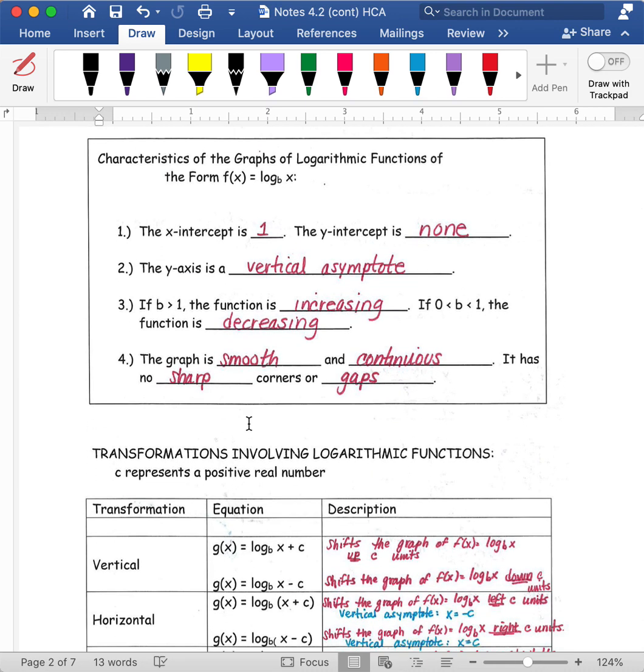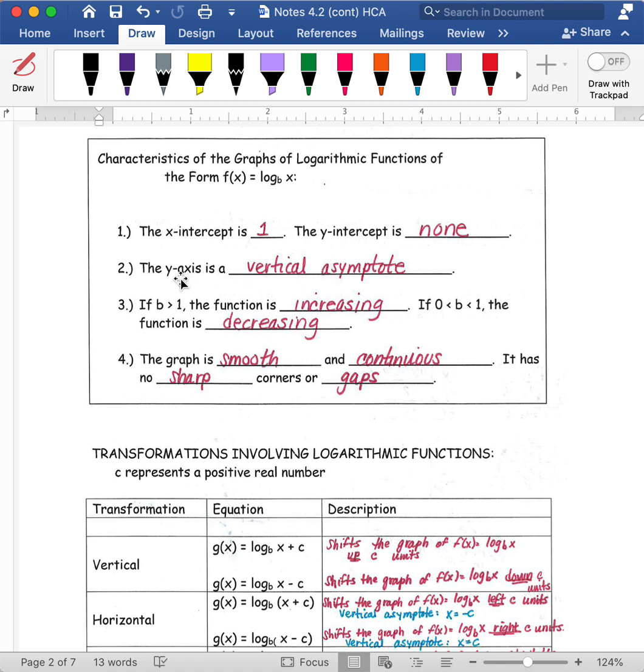Characteristics of logarithmic functions of the form log base b of x. The x-intercept is 1, and there is no y-intercept. This, of course, is your basic logarithmic function, not any log functions that would possibly cross the y-axis due to the shifting of your vertical asymptote.